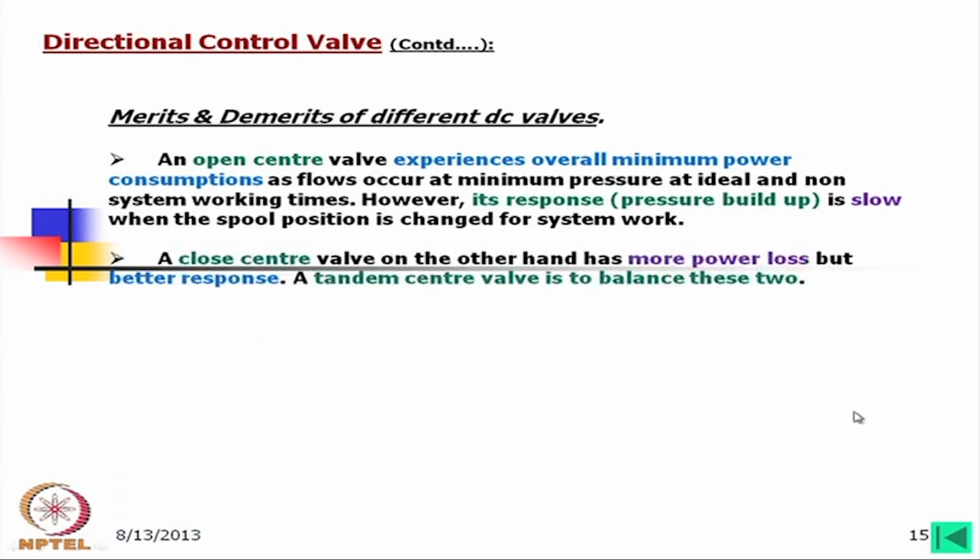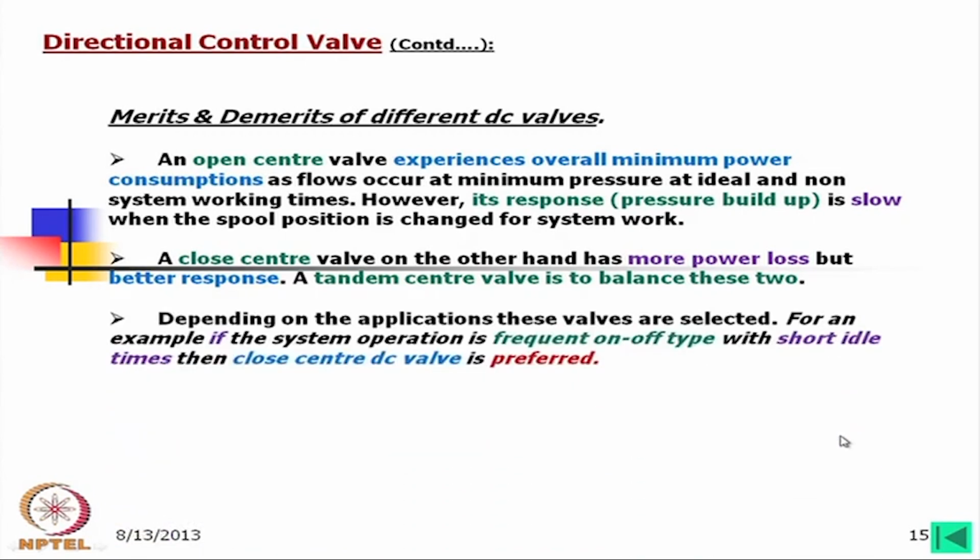A closed center valve, on the other hand, has more power loss, but better pressure response. A tandem center valve is to balance these two, which I have already discussed. Depending on the application, these valves are selected. For example, if the system operation is frequent on-off type with short idle times, then a closed center DC valve is preferred.